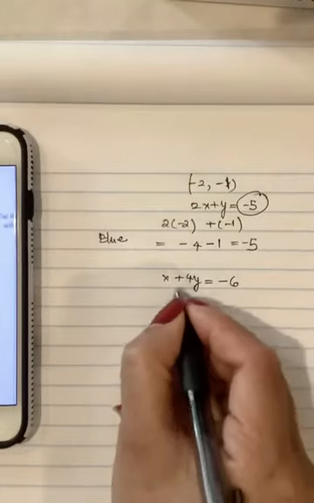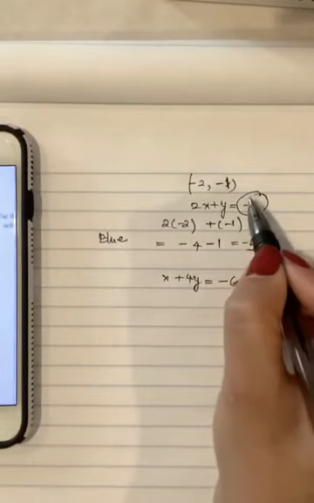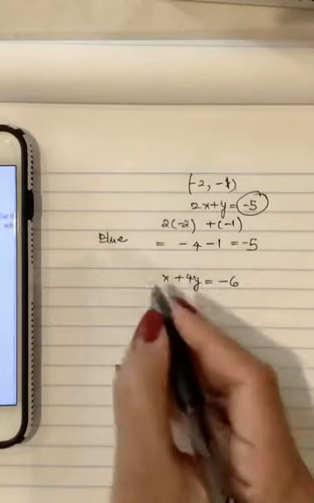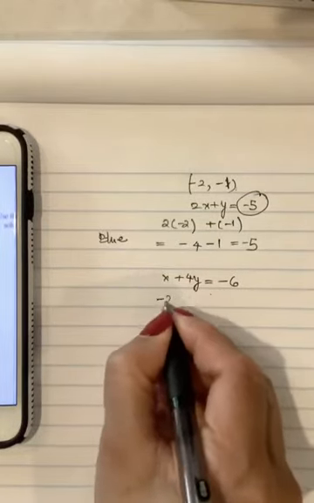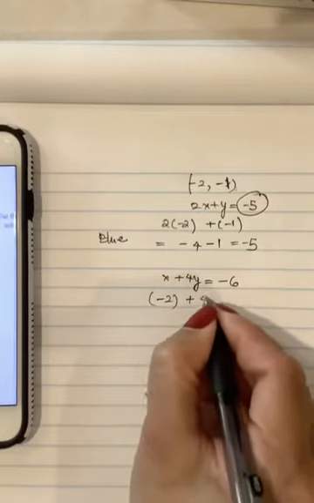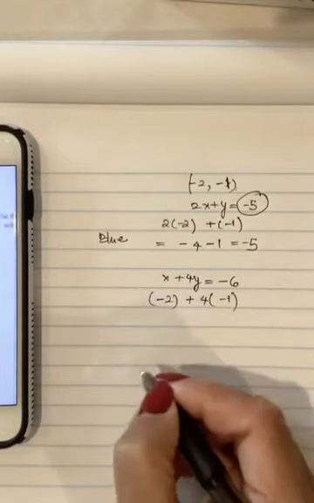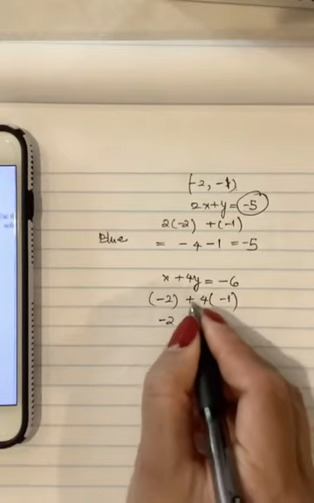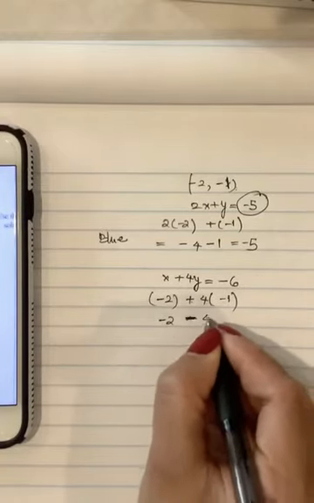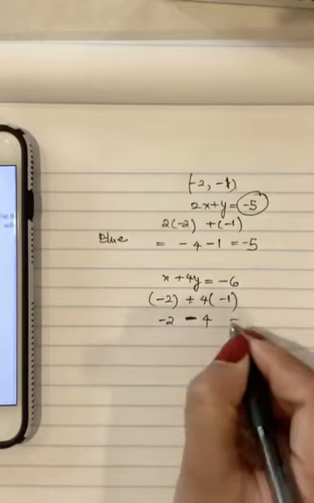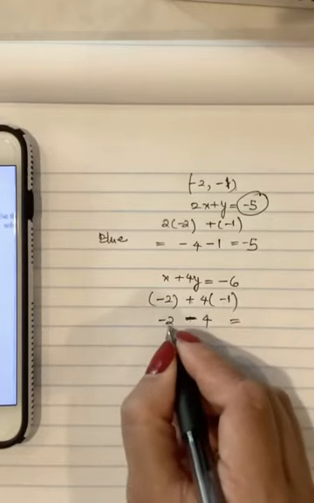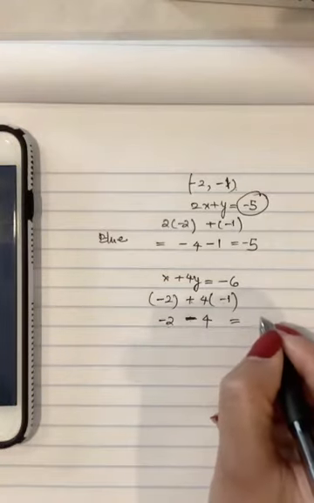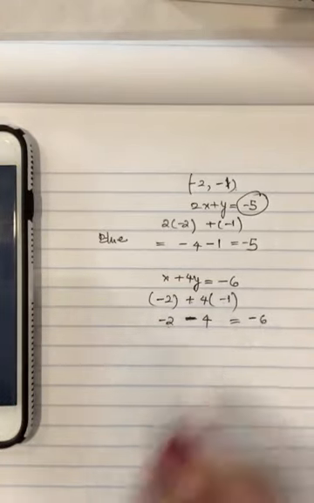So we are going to take the same point, (-2, -1), plug it into this equation, which gives us -2 plus 4 times -1, which is -2 minus 4, which gives us -6. Both of them have the same sign, so I'm going to add them and keep the sign, which is -6.